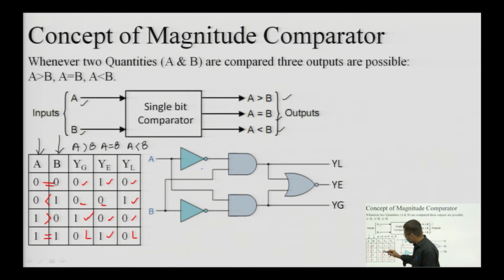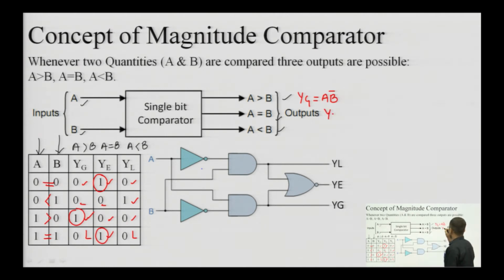So, we can check that for y g there is a single one which corresponds to a b bar, that is a is equal to 1, b is equal to 0. That is why we can say that the y g expression is a b bar. For this y e we can see that there are two ones here, so y e is equal to a bar b bar plus a b.